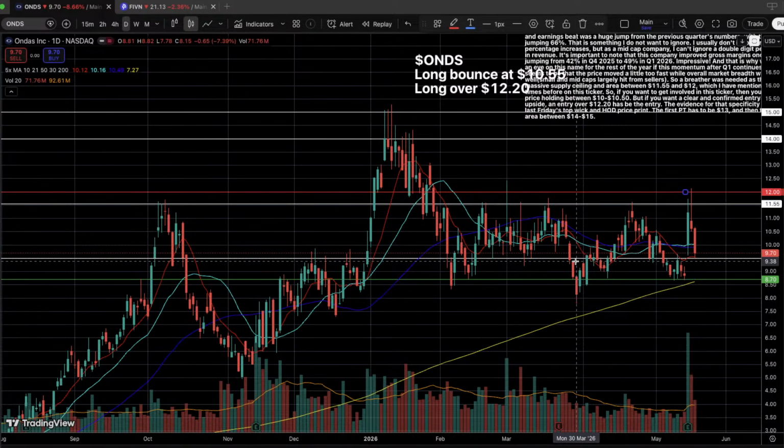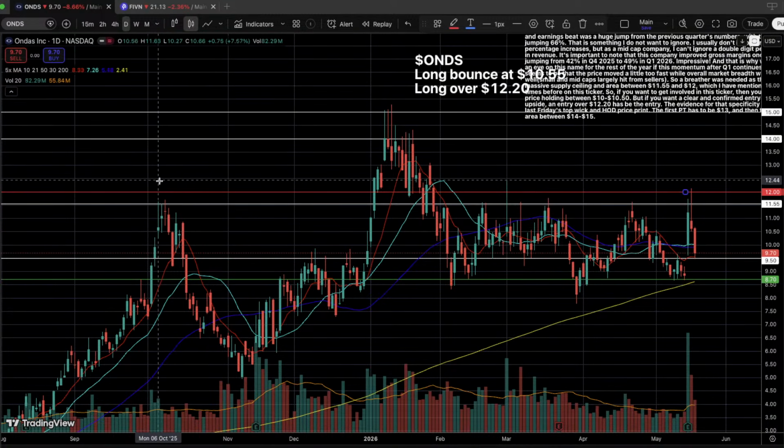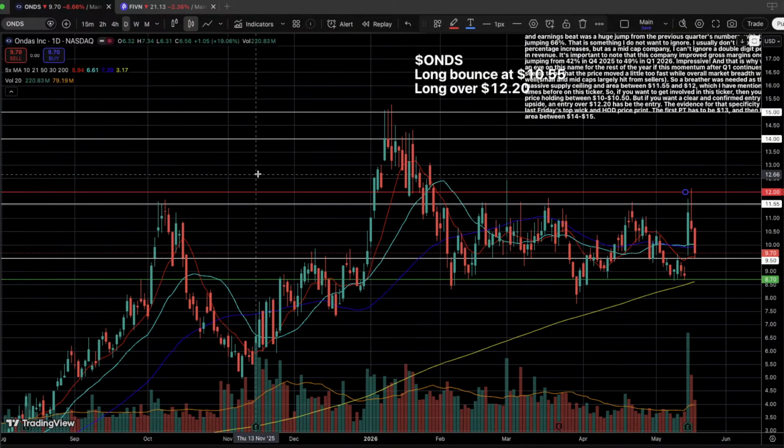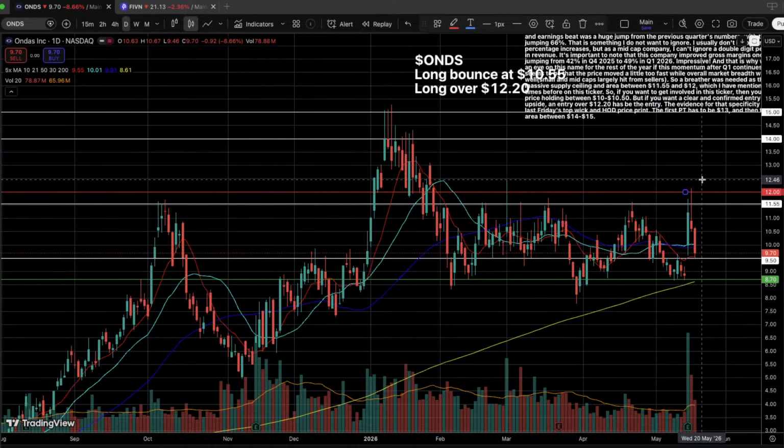Okay, so with that being said, this massive base basically began when share prices topped out in October 2025, and we've been stuck in this range since October of last year. So this is a month-long base between $8.70 and $12.